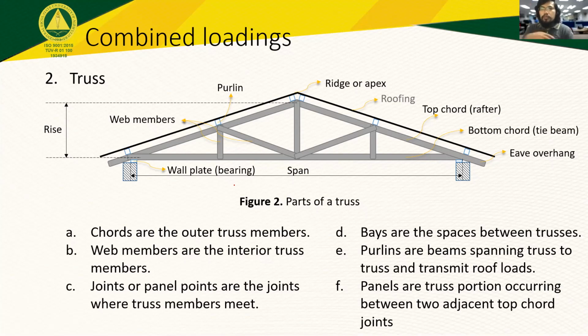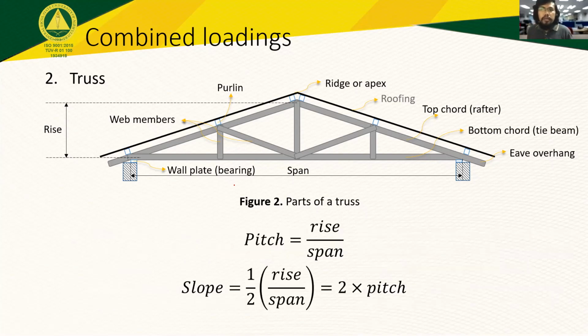All right, so we now proceed to the computations of loads and trusses. Let's also take note of the parameter, the rise. The rise would be the characteristic of the pitch. It's the rise over the span.